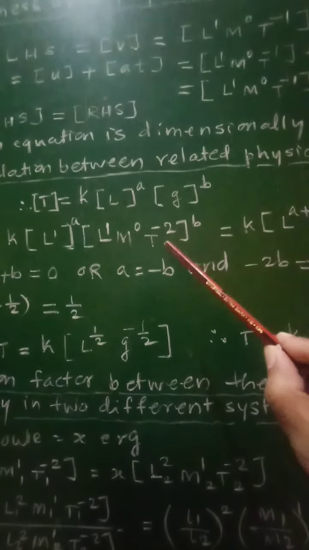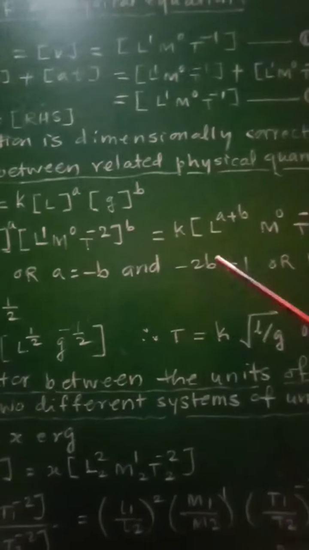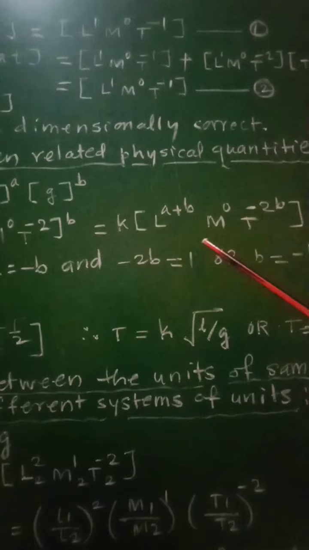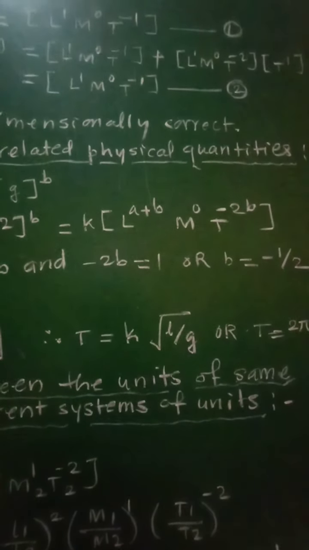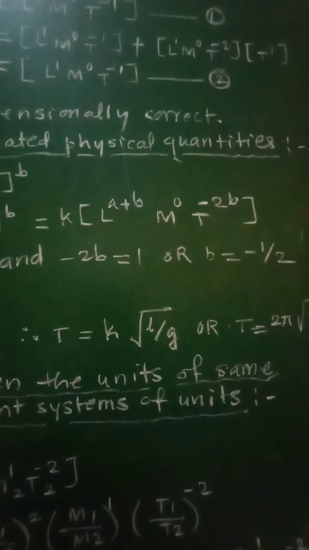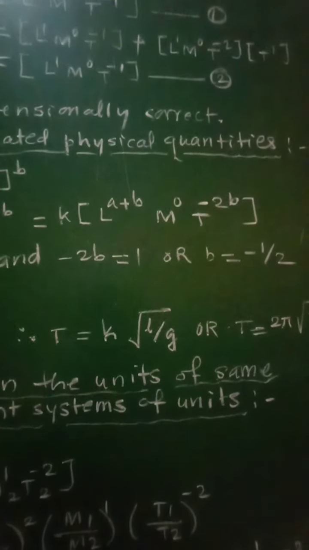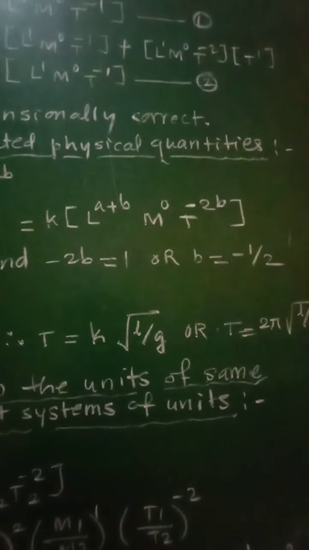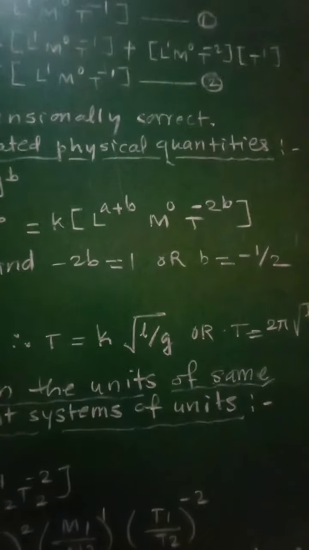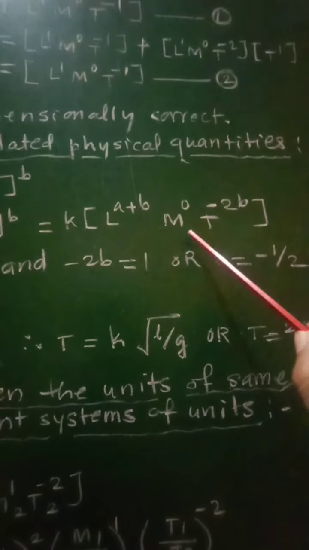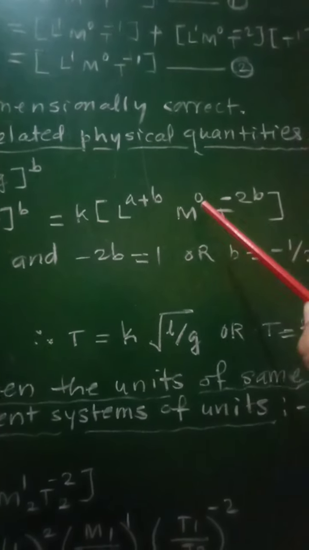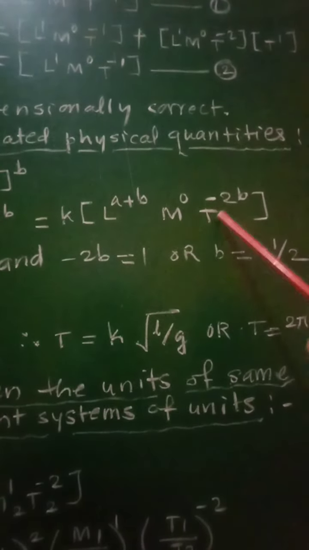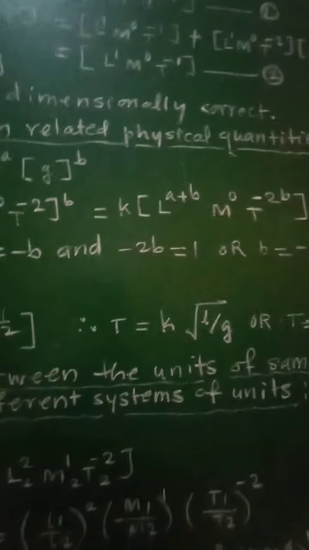By using the laws of indices, we can write K into L raised to A plus B, that means A plus B in length, 0 in mass and minus 2B in time. So after simplifying by using the laws of indices, we will get A plus B in length, 0 in mass and minus 2B in time.